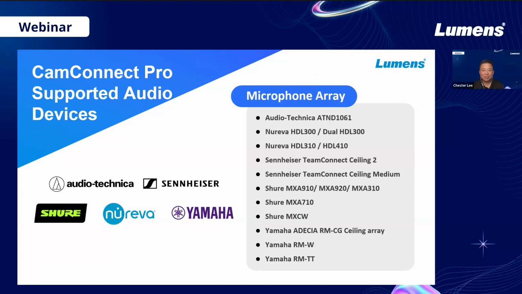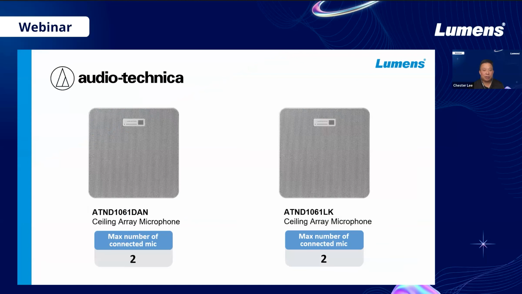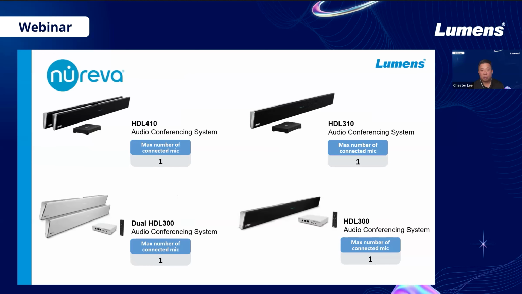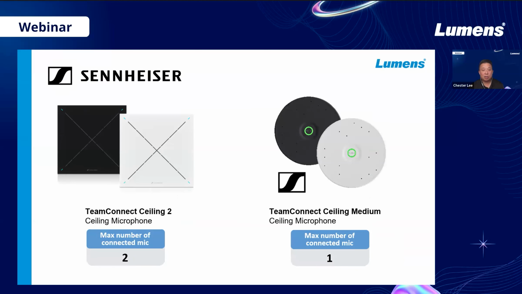Depending on the microphone partners you're using, you're going to have a variation on how many mics we support with the CamConnect. In Audio-Technica, the ceiling array mics will support up to 2 of their microphones in the solution. With Nareva, we've got one microphone support. Sennheiser, depending on the model, we support 1 or 2 microphones.